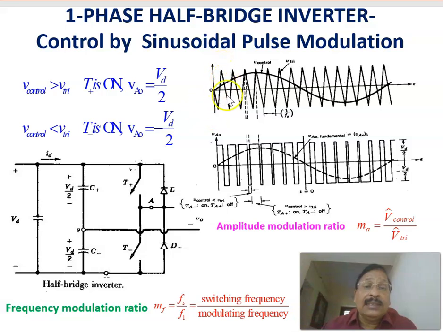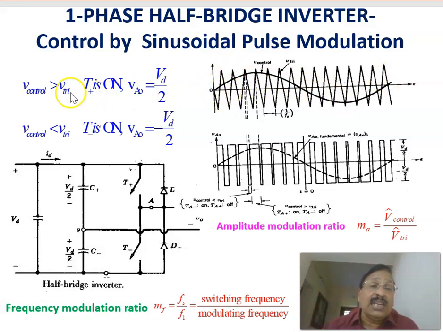This is the carrier signal, called the triangular signal, VTRI. And this is the modulating signal. That is a low frequency sinusoidal voltage, the modulating signal, or sometimes we call it the reference signal or control signal. The magnitude of the modulating signal is compared with the carrier signal.